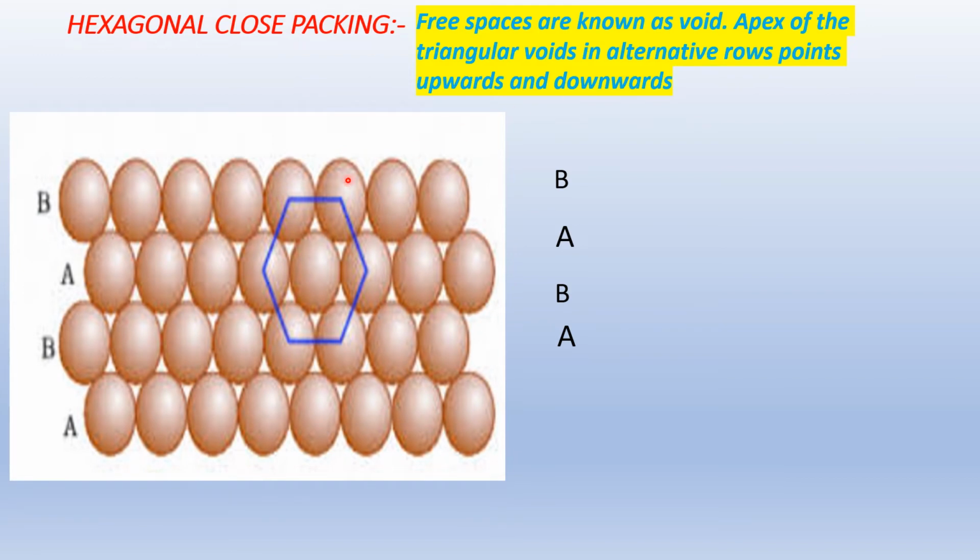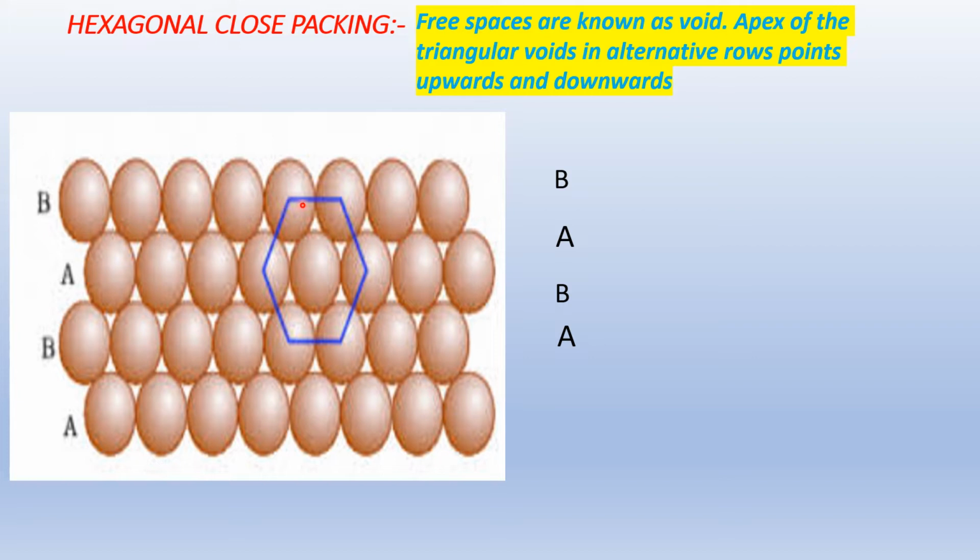You have to simply see this in the figures: observe here, that is upward, that is downward, that is upward, that is downward, that is upward, that is downward, that is upward. These are simply explaining this point.